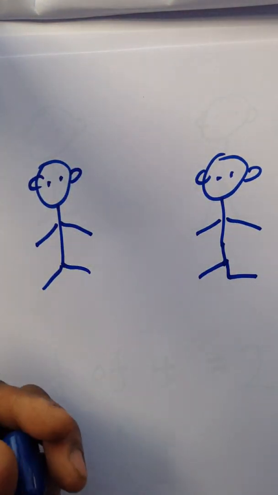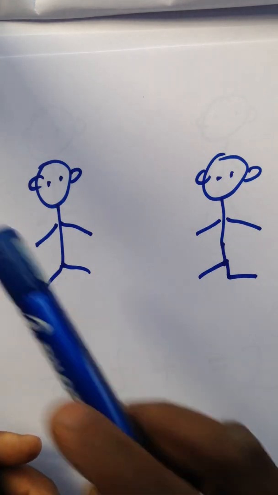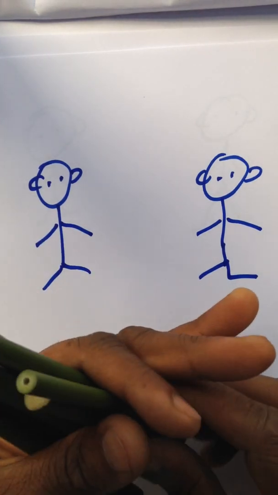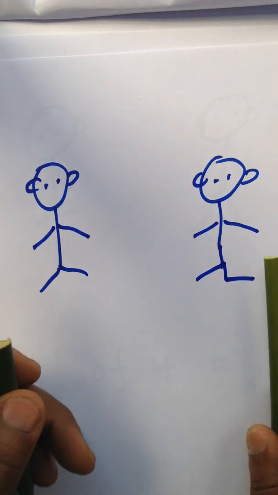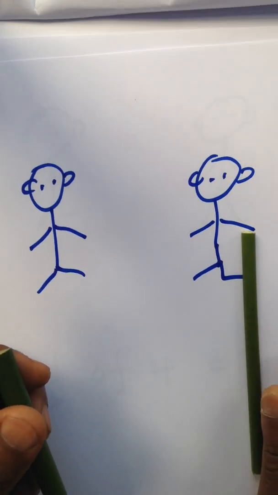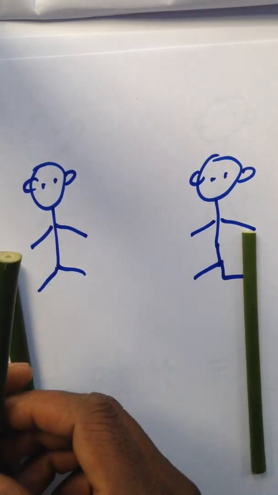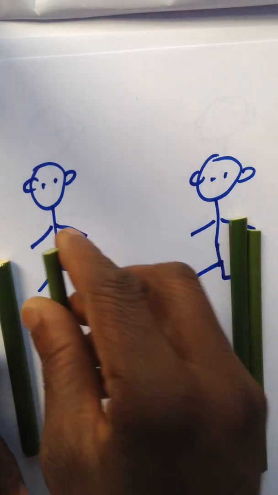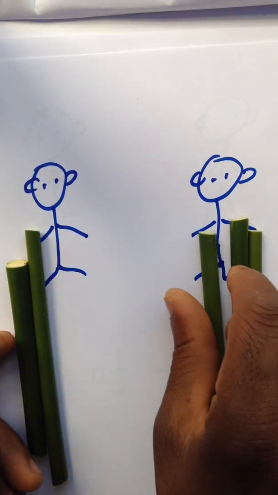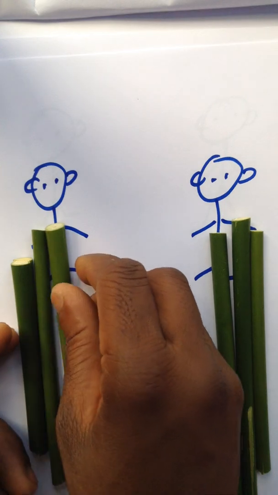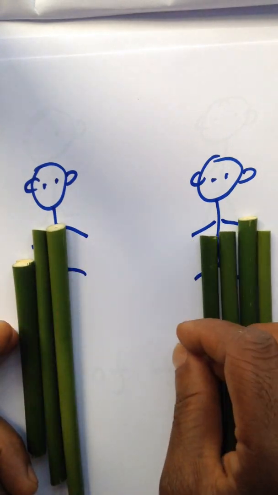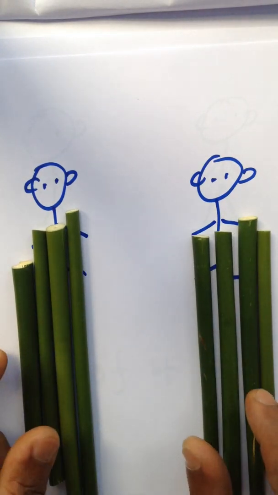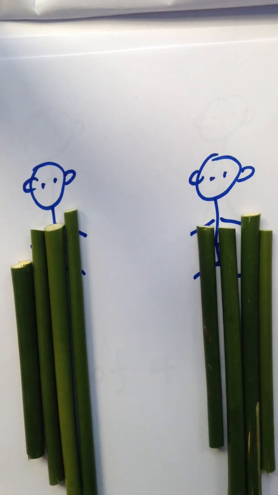Those are my 2 friends, and I want to share equally these 8 sticks. So I'll put the first one there, and I give the other one. I'll divide equally among the 2 friends. Okay, I've shared out all the 8 sticks.